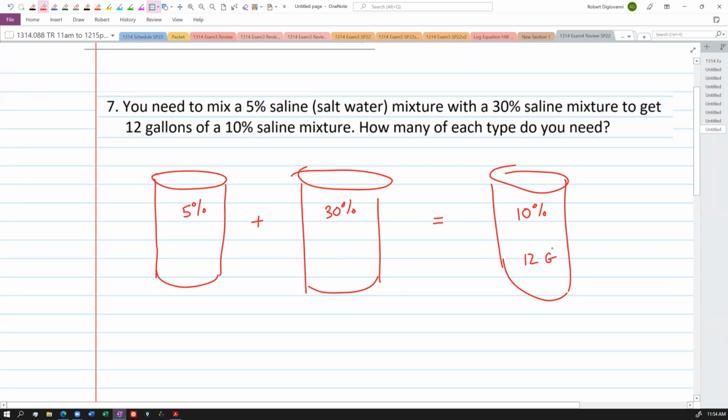What I don't know is how much of each to use. So I'm going to call the amount of this x and the amount of that y. So x is equal to the number of gallons of the 5%. And y is equal to the number of gallons of the 30%.